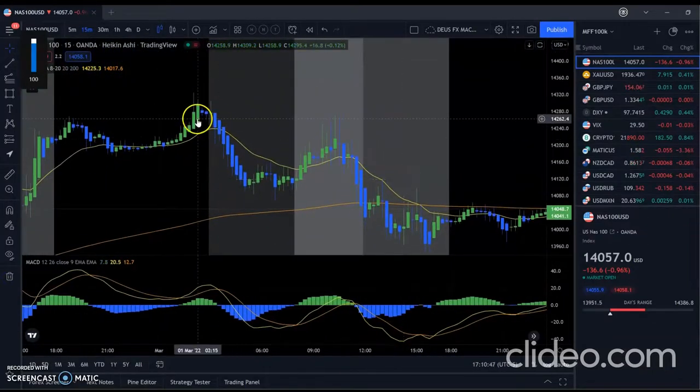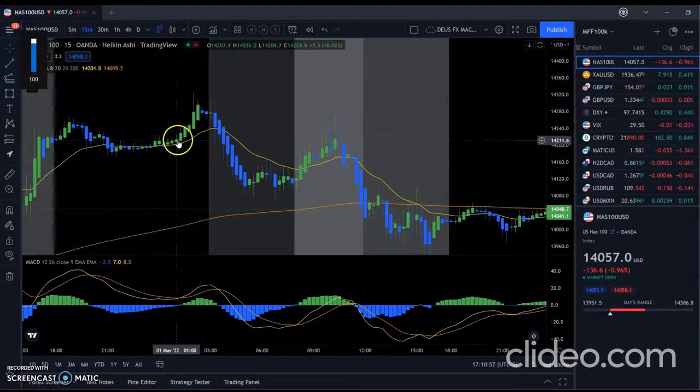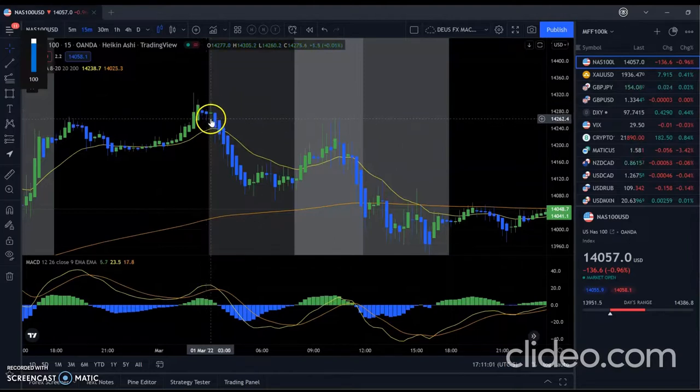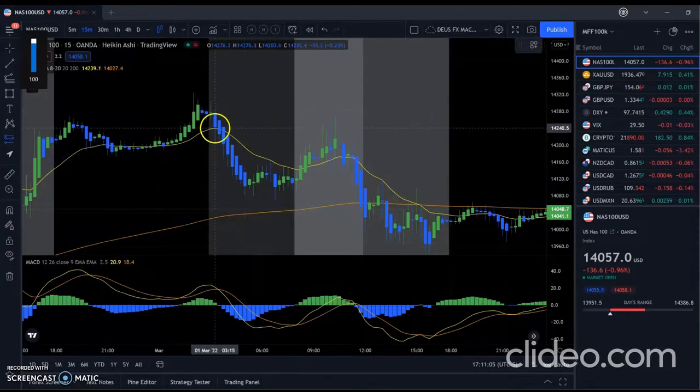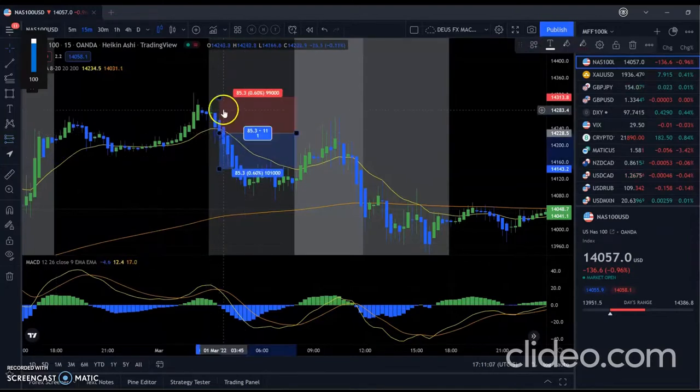Here goes another example, March the 1st. We're just going day by day right now. So, we're in the 3 o'clock Eastern Standard Time era. When London opens up, we are going to take a short position.